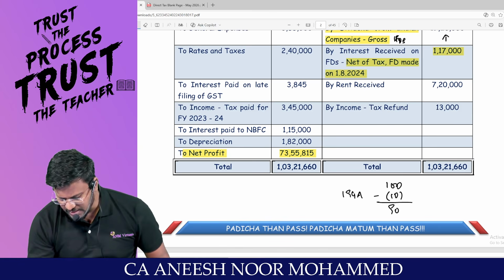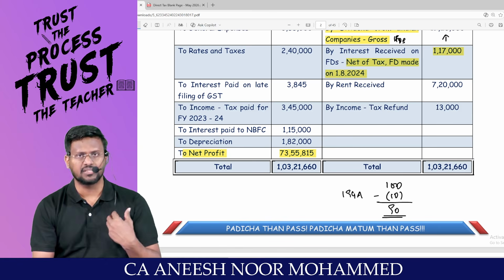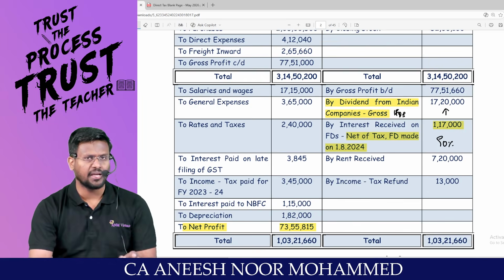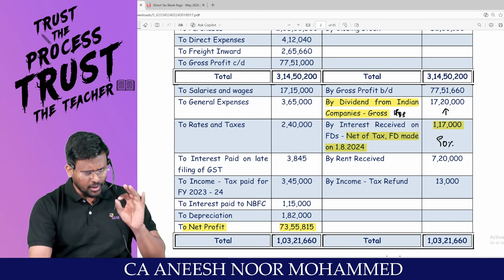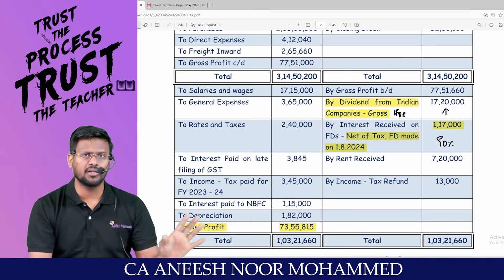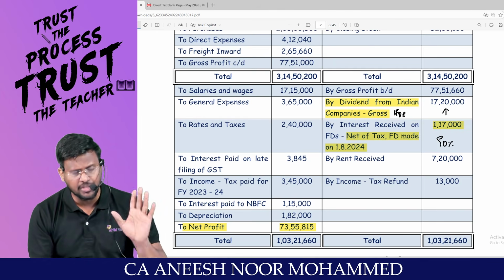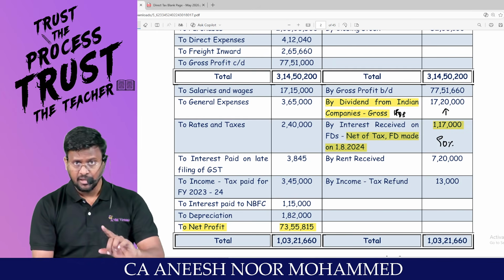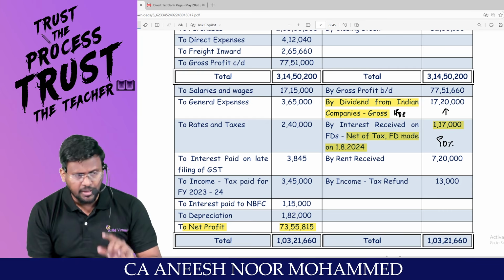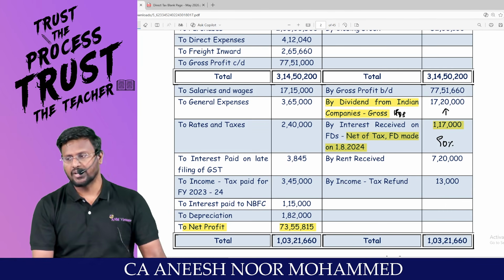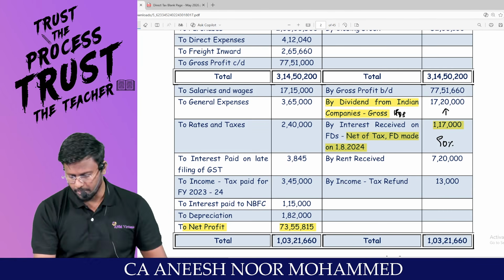So the balance 90 rupees we would have received. So this 1,17,000 will be 90%. Since only 90% has been credited to the PGBP, we have to deduct 90% from PGBP. Whereas when we are including the same income under the head IFOS, we have to include at 100%. That adjustment you should remember, sir.